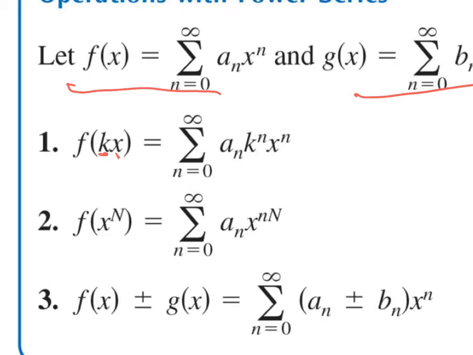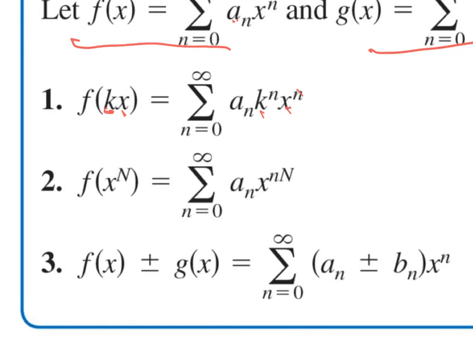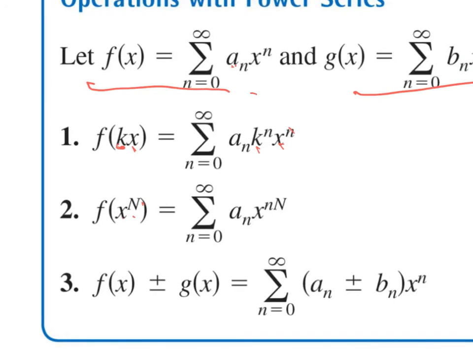If I'm just doing f, it's just going to be a times the constant times x to the n. If you're taking your x and raising it to the nth power of f, well then x to the n to the n.